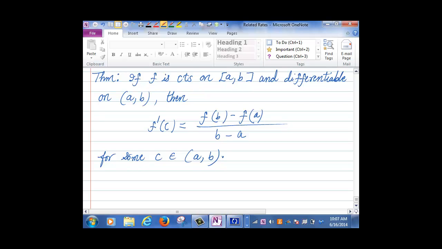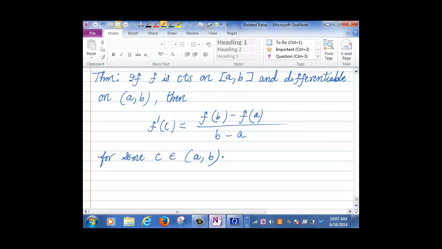If I say that your average speed during this ride was 70 miles per hour, then wouldn't you agree that there is a time when your instantaneous speed must have been 70? Yes. If your average speed from here to Columbus was 70, at some point in time your instantaneous speed must have been 70. Okay, that's what this is saying.